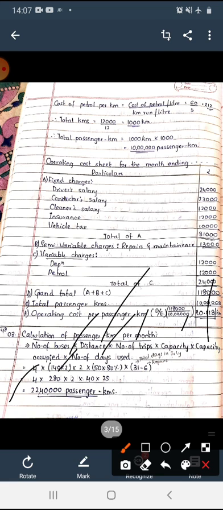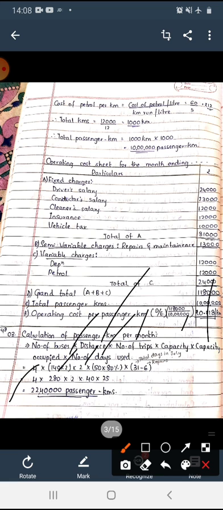From Mangalore to Kollur once 140, again coming back Kollur to Mangalore 140. This is one trip, so 140 into 2. Again like this 2 trips, so 140 into 2 into 2.